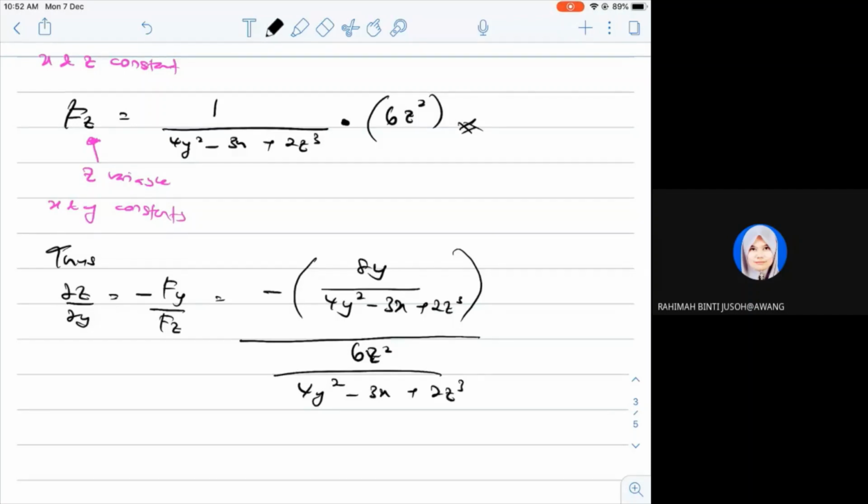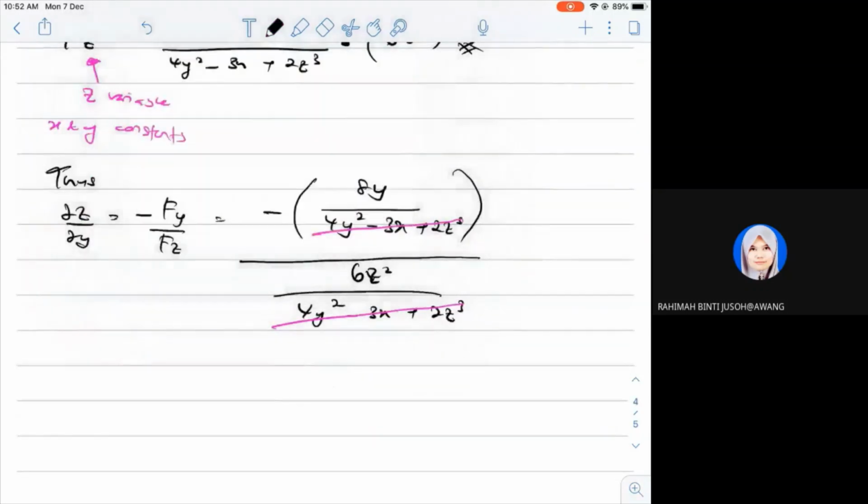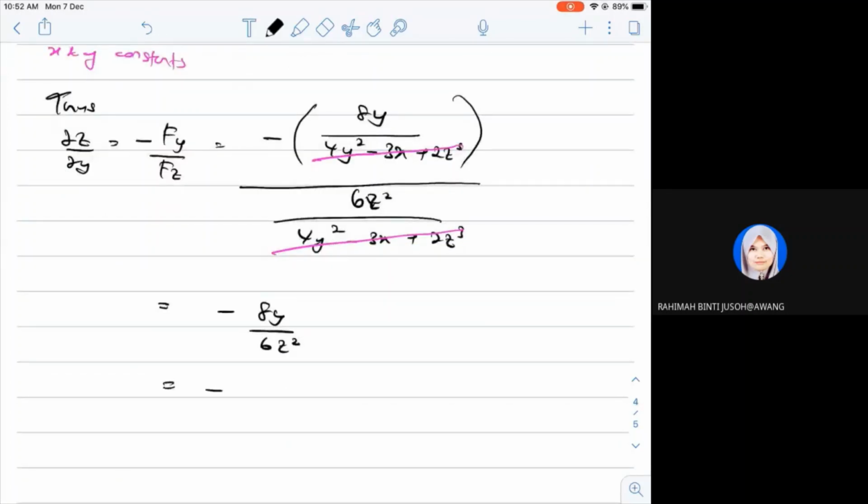As we know, the denominators can be cancelled because all the variables are the same. Then we have negative 8y over 6z squared. So we can simplify this as 4y over 3z squared. This is del z over del y. Understand?